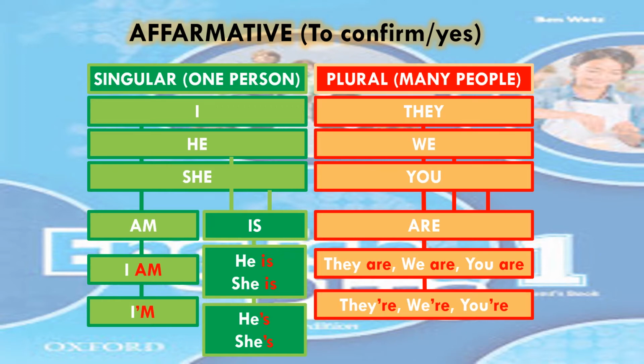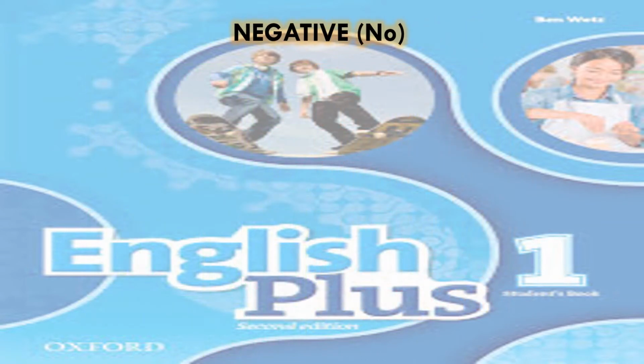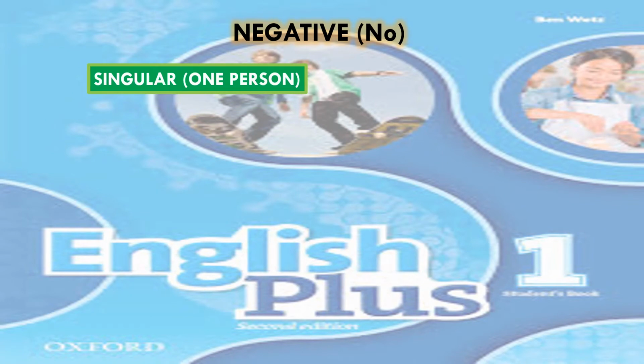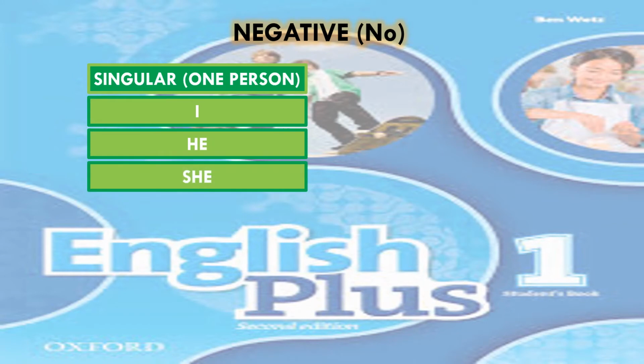And then we have another one when we want to say no, we don't agree. It's called negative verb to be. We have singular for one person, I, he, and she. And then we use am not and is not.